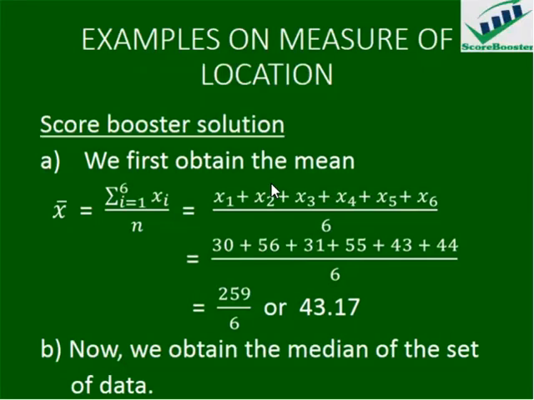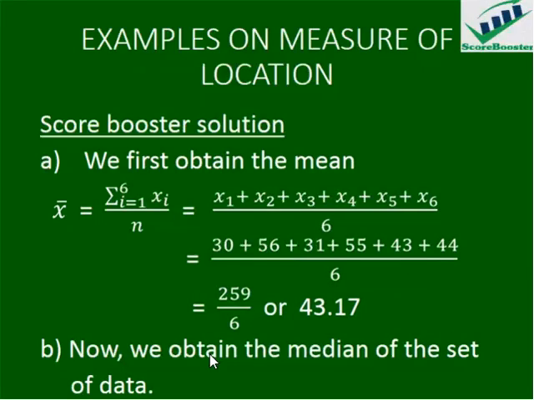So from the question, x1 is 30, x2 is 56, x3 is 31, x4 is 55, x5 is 43, and x6 is 44, divided by 6. So we sum this up, we have 259 divided by 6, which is the same thing as writing 43.17. So that is how to obtain the mean.